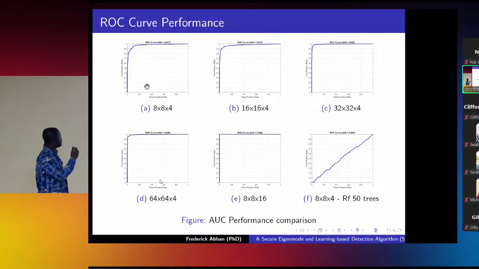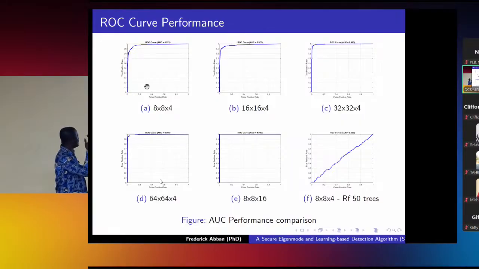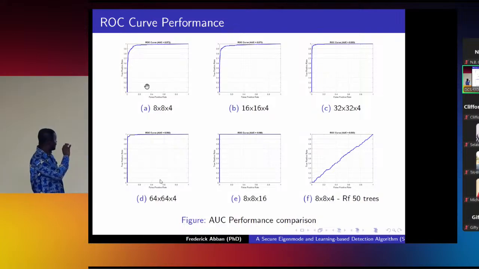So when you check scenarios A, B, C, and D, they all performed very well, being between 0.91 and 0.99. Now, the numbers beneath them tell us how many transmitters and how many receivers, where 8 by 8 by 4 is 8 transmitters, 8 receivers, and 4 eavesdropper nodes.